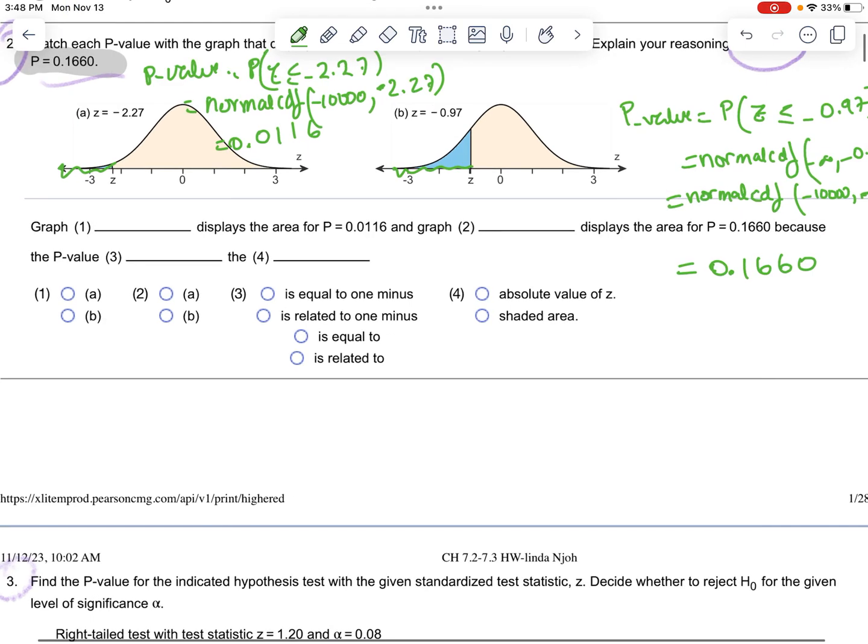So let's go ahead and try to figure out. Graph A displays the area. There you go, you see that? And graph B displays the area. Here we go, because the p-value is equal to the shaded area.